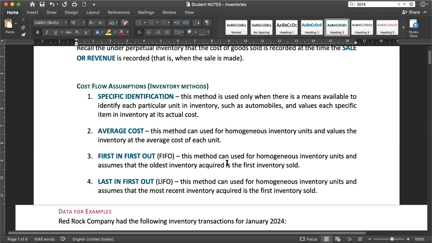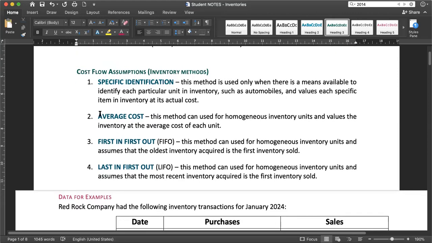There are many different units in inventory, but there are homogeneous units in terms of any particular item in inventory. So when that happens, we can use one of three different methods, and this is for financial reporting purposes.